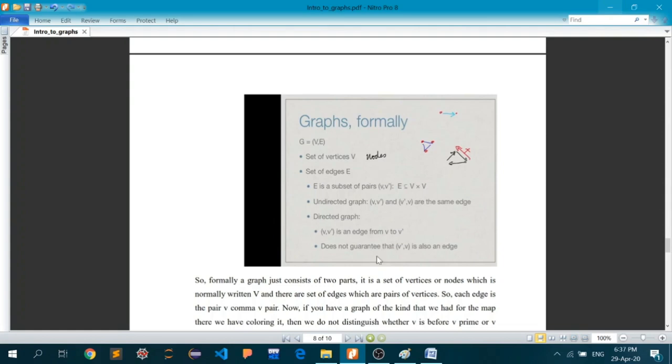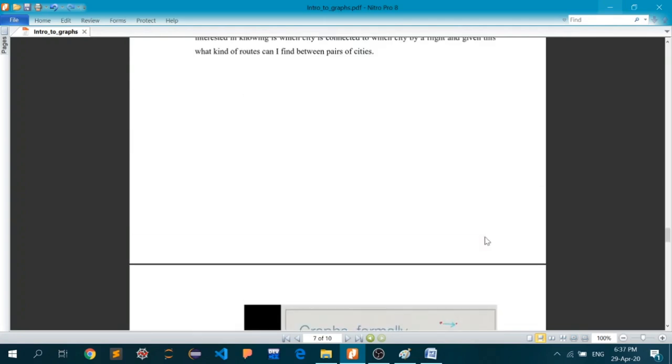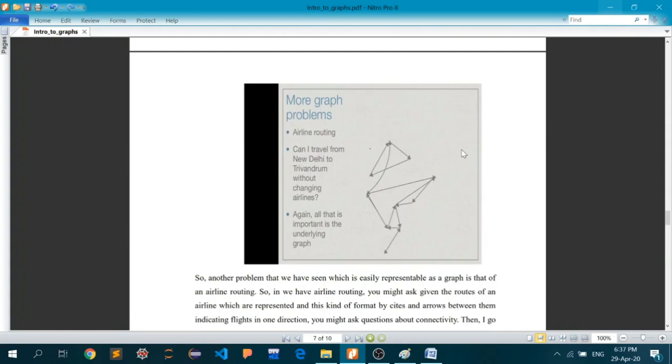Okay. All these definitions basically tell you that (v, v') is an edge from v to v'. In a directed graph, it is possible that (v, v') is an edge from node v to v', but there is no guarantee that (v', v) is also an edge. What it's trying to say is that, let's say this is v and this is v', we have an edge from v to v'.